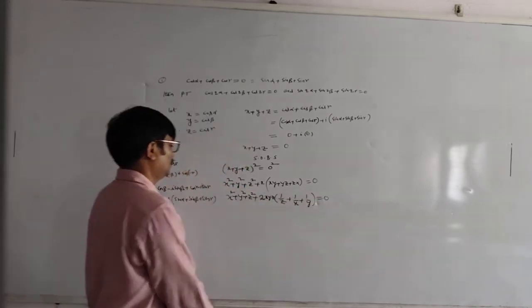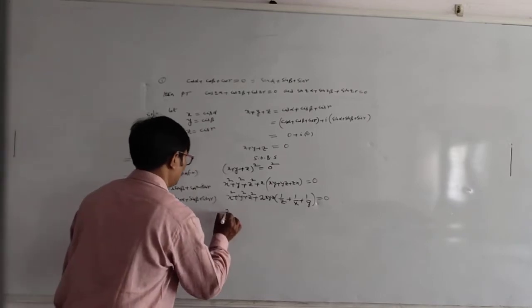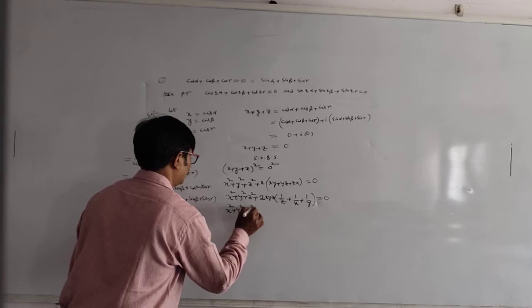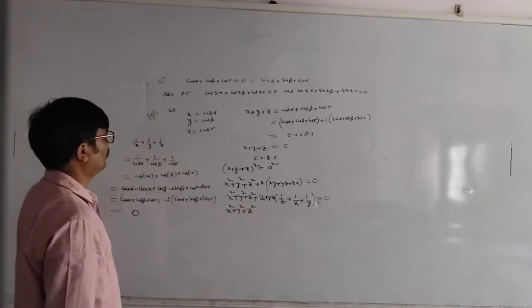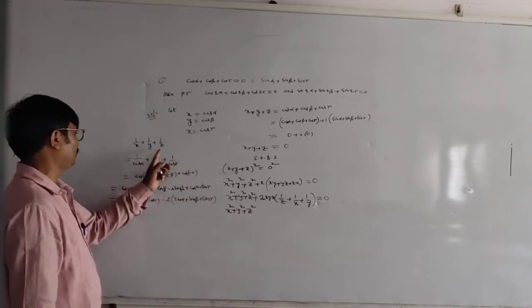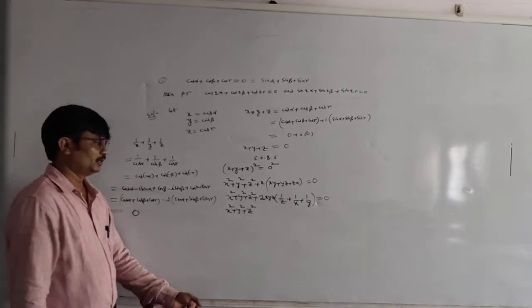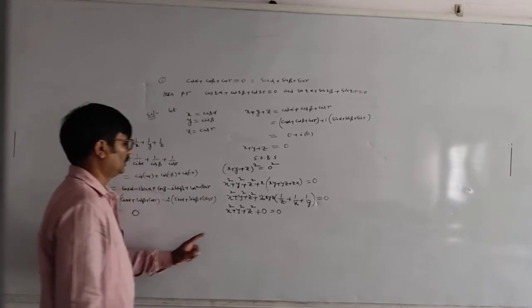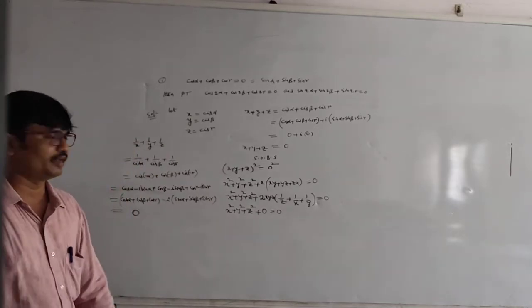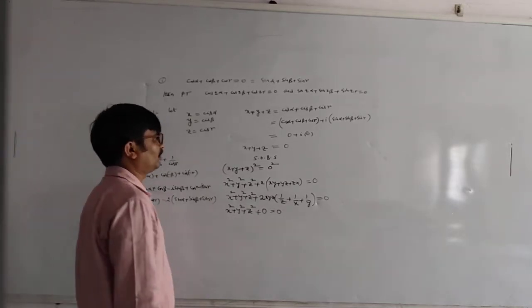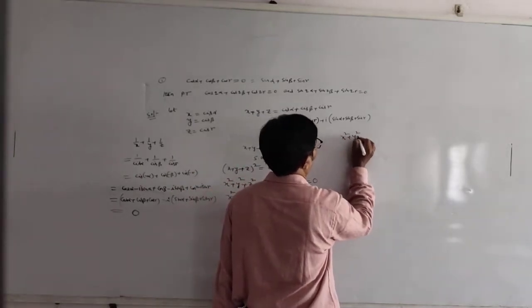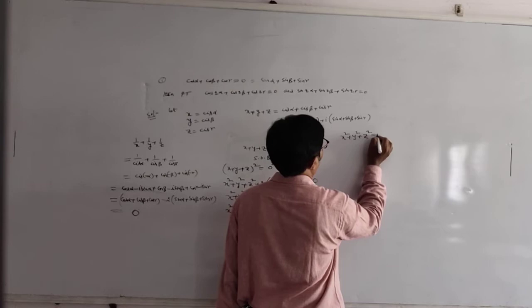The value of 1 by x plus 1 by y plus 1 by z is 0, so this part is 0. Now x square plus y square plus z square equals 0.